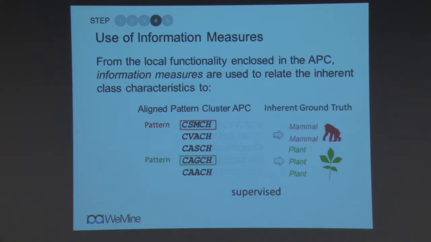If you look at the column, in an unsupervised way we don't know what the class is, but if we find a certain site with high interdependency with all the other sites, the information measure can pick up those sites, and you know that those sites contain amino acids which are related to a specific class.